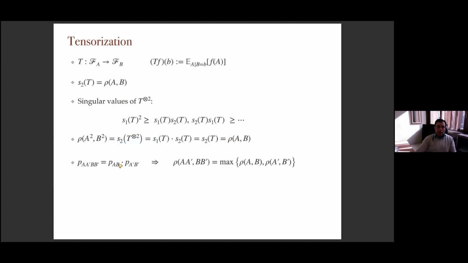In general, if you have two independent distributions, joint distribution PAB and PA'B', where AB are independent of the prime ones, and I compute the maximum correlation between AA' and BB', I get the maximum of the maximum correlation of AB and the prime ones. The reasoning is exactly the same.